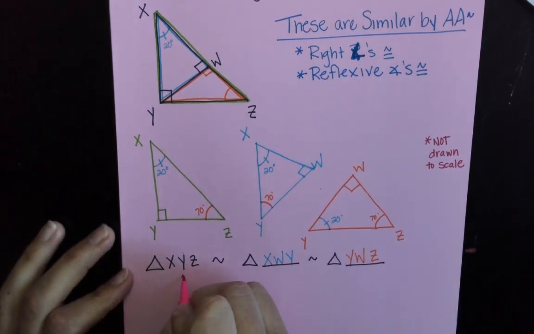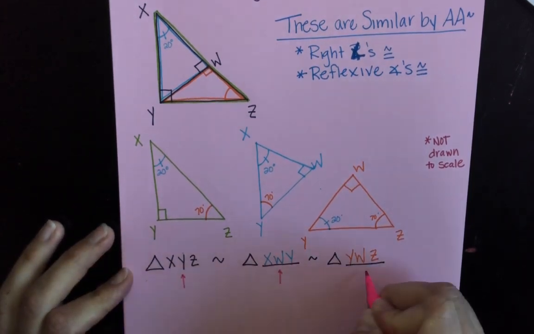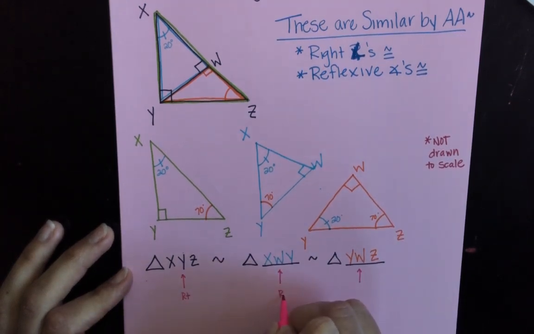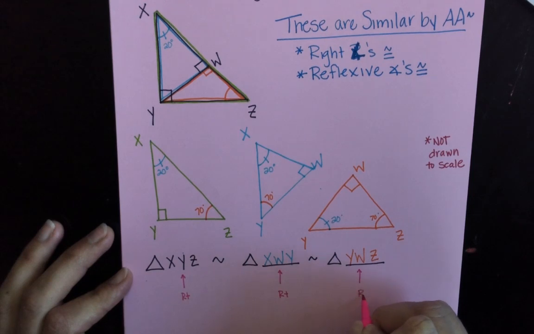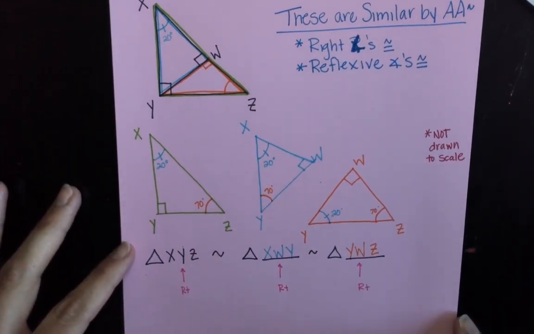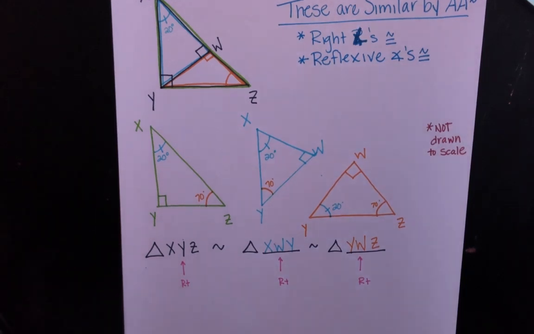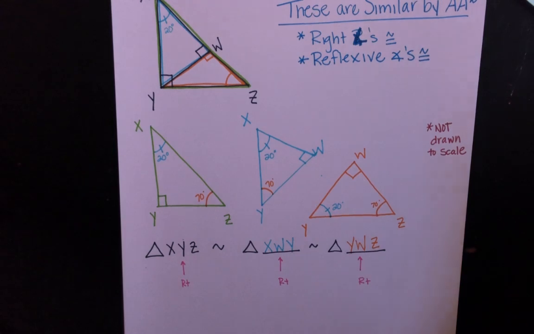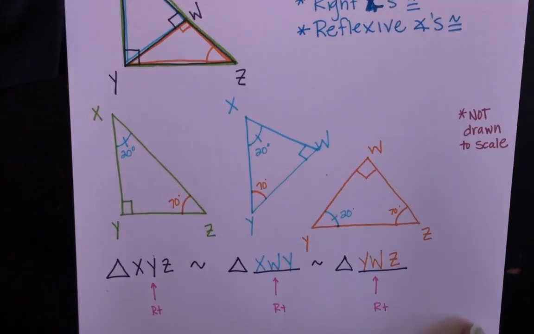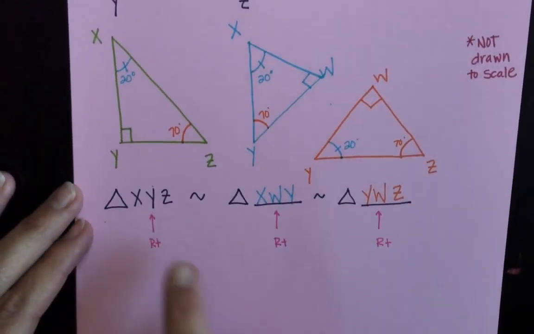Your right angles are always in the same position. They should be in the middle, but at least we know that they're always going to be in the same position because they must correspond. And again, we've talked about correspond for months. So our right angles were always in the same position.